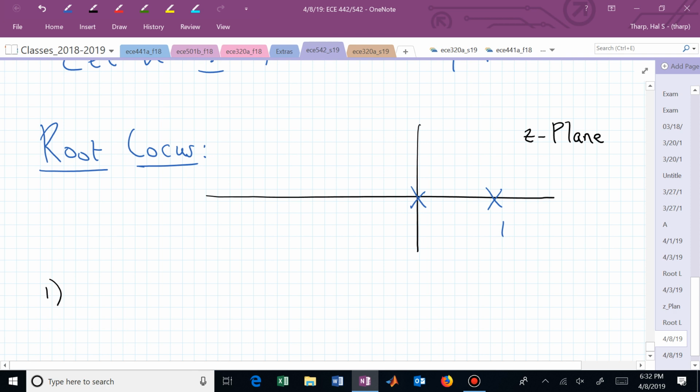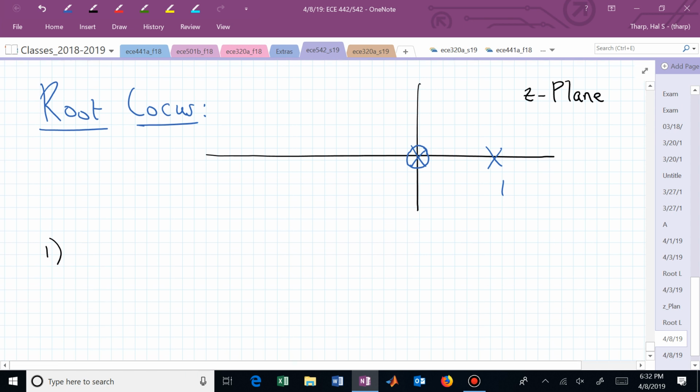Suppose that I said, you know what, I want to simplify my life. I'm going to put a zero right there. Is that okay? I've now picked alpha equal to 0. Is that okay? I've just canceled a pole. Can I cancel a pole there?